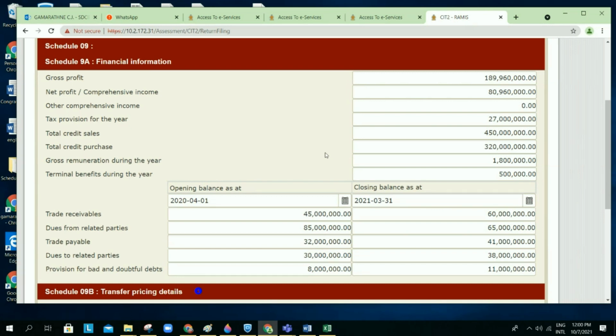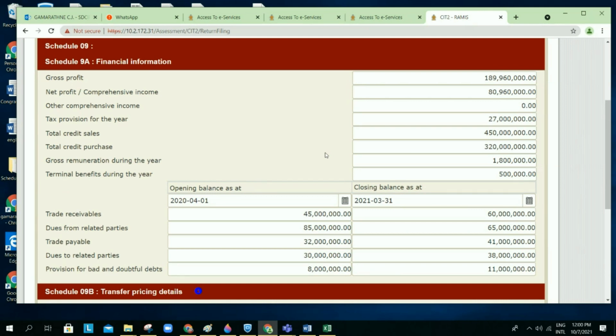Partly you have to take it from the income statement, other details you have to take from the financial position statement. The first table is where you include the gross profit, comprehensive income, other comprehensive income, and tax provisions. Then under sales you identify your credit sales, your credit purchases, gross remuneration during the period, and terminal benefit during the period. Likewise, those details which are connected with your income statement.